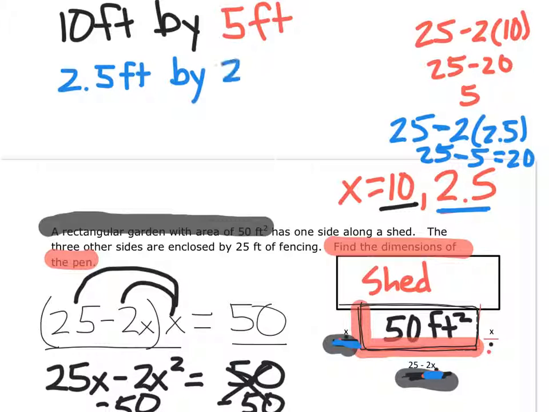So it could also be 2.5 feet by 20 feet. So the question is, find the dimensions of the pen. I have two possible answers. The pen could be 10 feet by 5 feet, or it could be 2.5 feet by 20 feet.